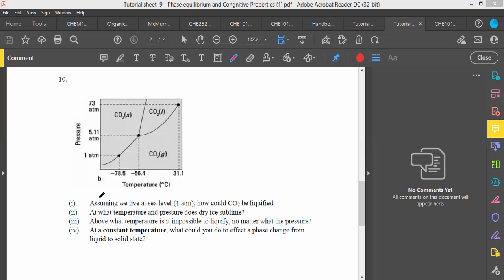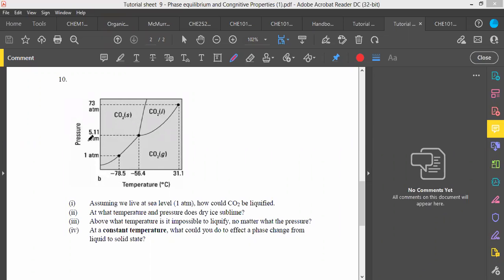Okay, so when you have a pressure of 1 atmosphere, the pressure of 1 atmosphere will give you the normal boiling point and melting point of a molecule.